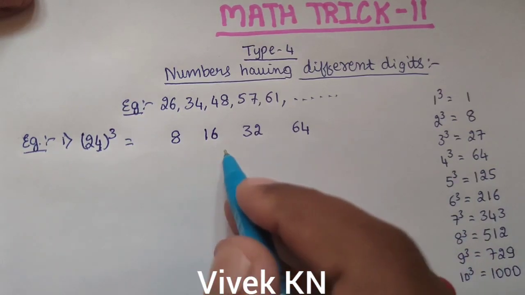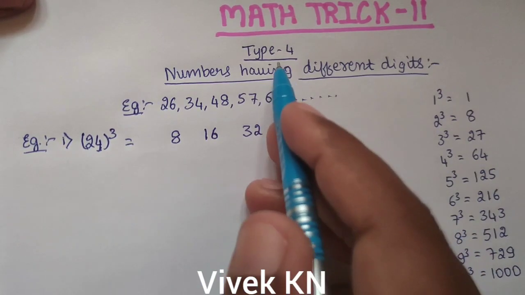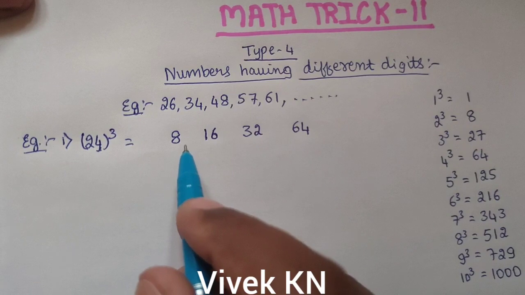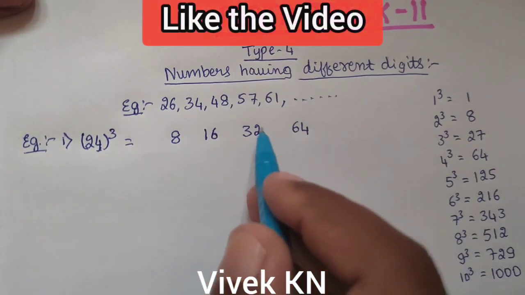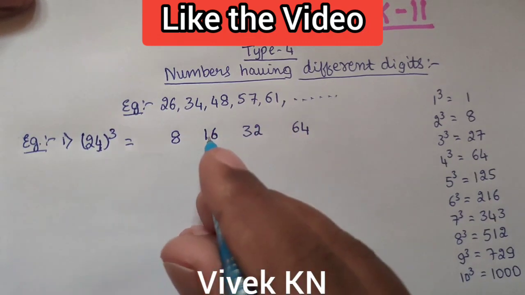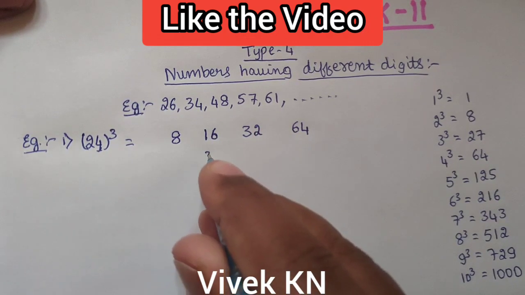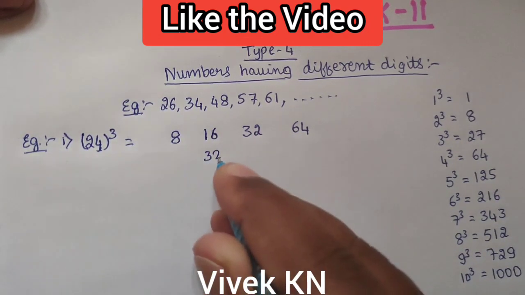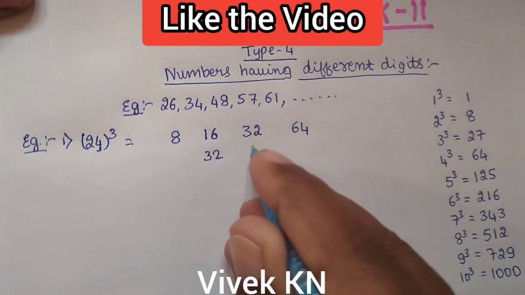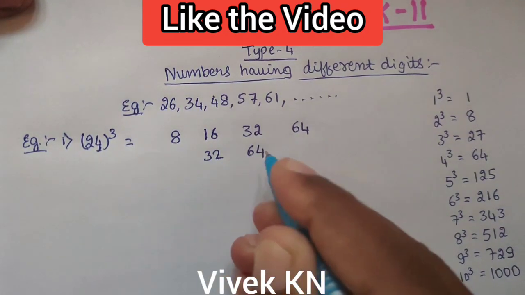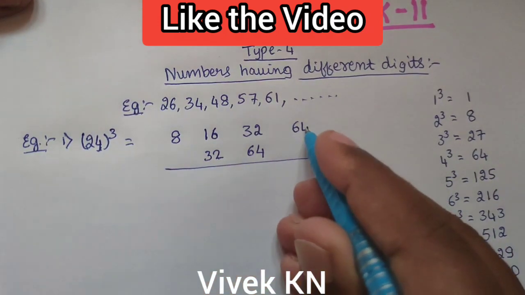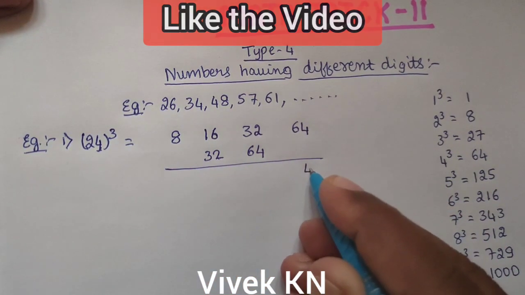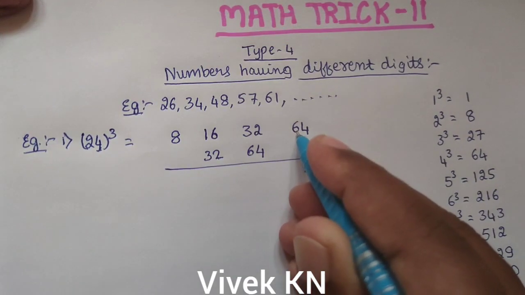And the remaining things are the same as in previous type problems, that is we have to leave the first number and the last number and double the middle two numbers, that is 16 plus 16 is 32, 32 plus 32 is 64.